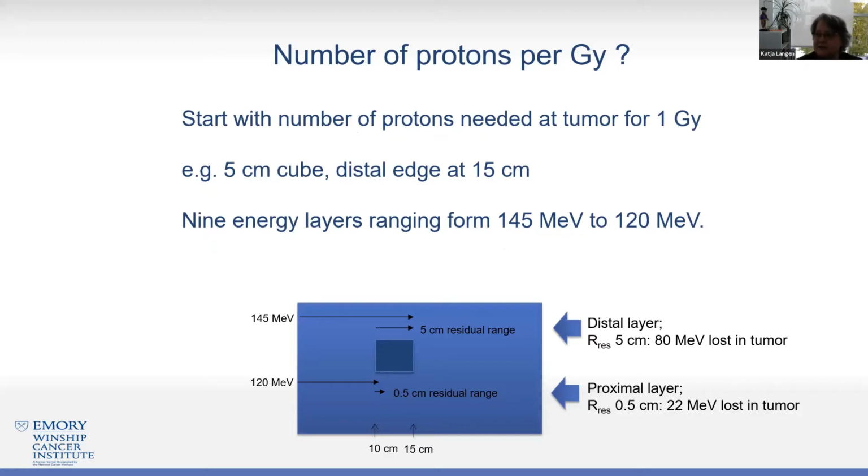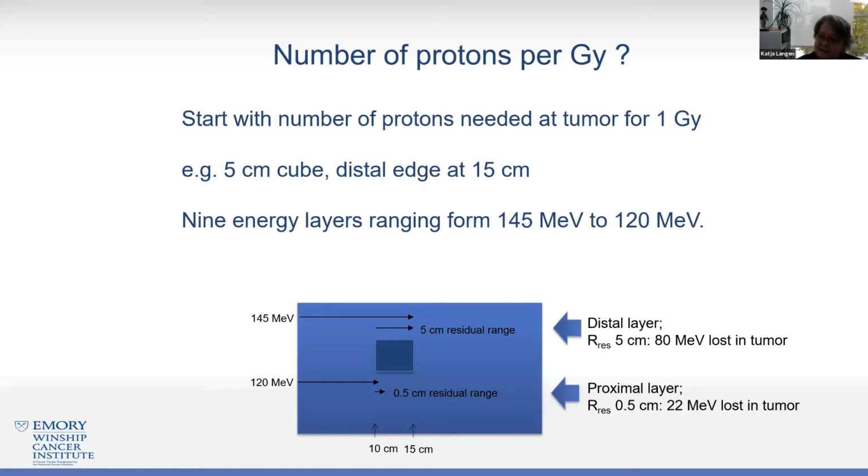So if you, for example, assume you want to treat a 5 centimeter cube that has a distal edge of 15 centimeters to 1 gray, you can look at what energy layers you need. The distal energy layer requires 145 MeV. On the proximal side, it's about 120 MeV.